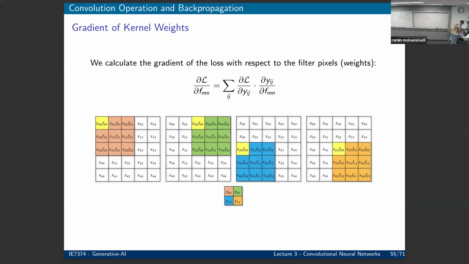So if you pick this and put those values that we have: gradient of L with respect to y00, gradient y01, gradient y10, gradient y11.